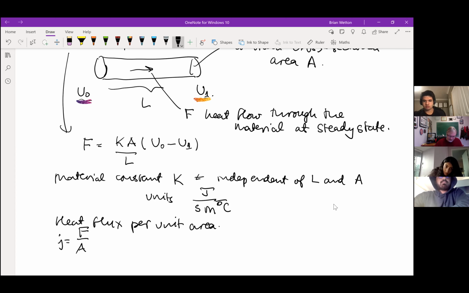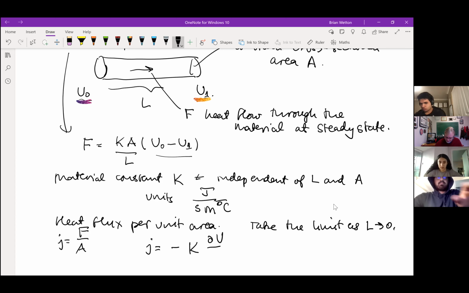And I can also take the limit as L goes to 0. And I can get J is minus, because this is left minus right divided by the distance between them. So I'm going to get a derivative, but I'm going to get a minus of the derivative. This is going to be minus K times du dx.